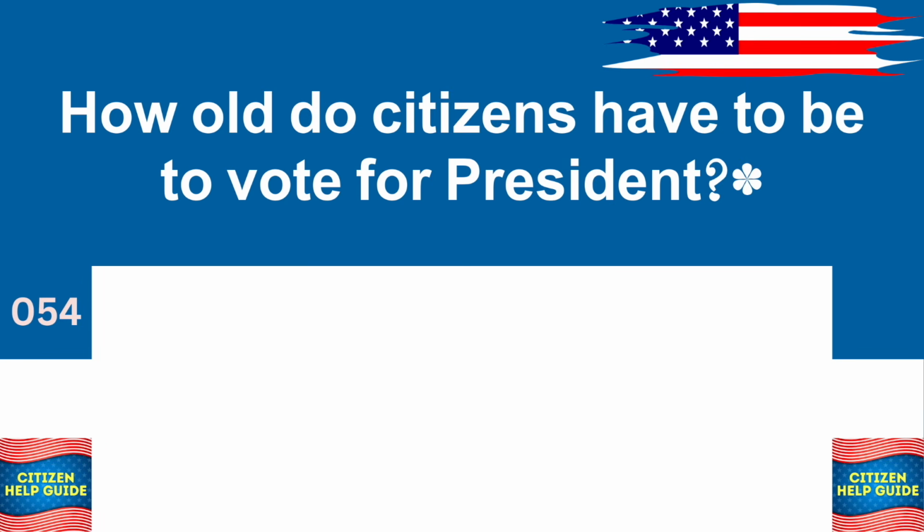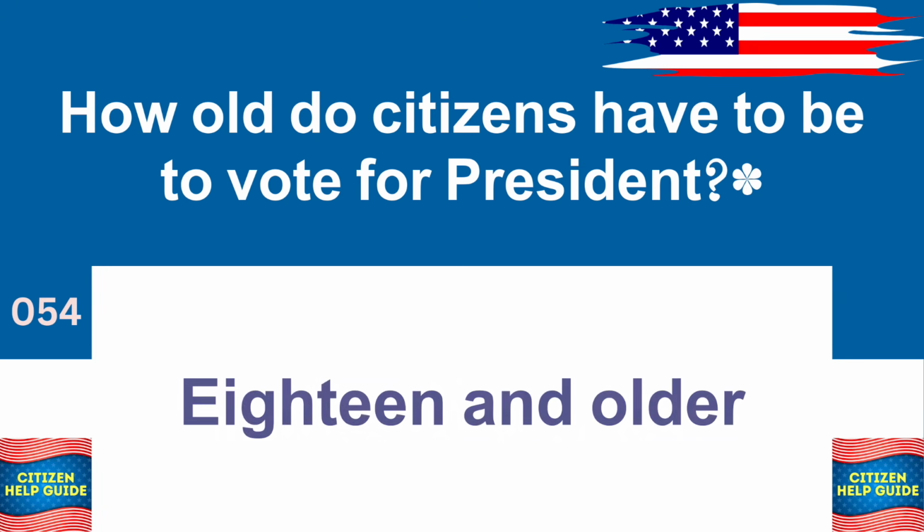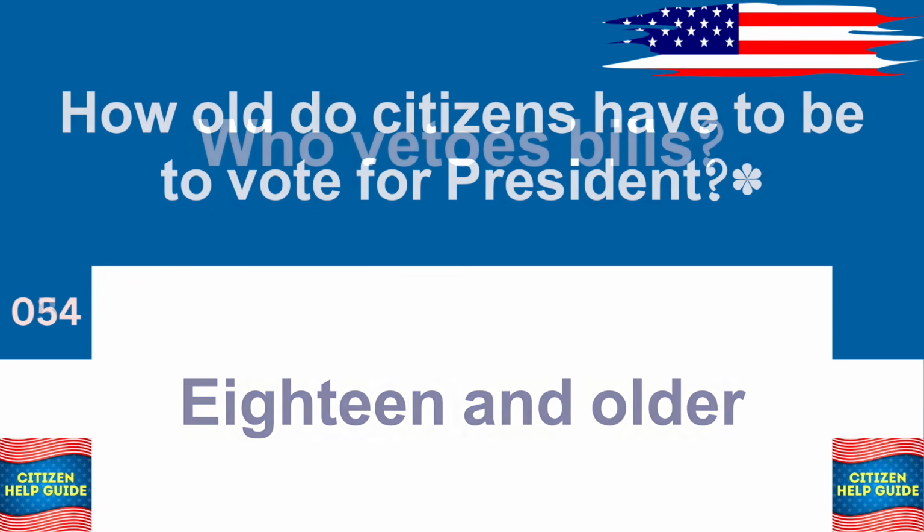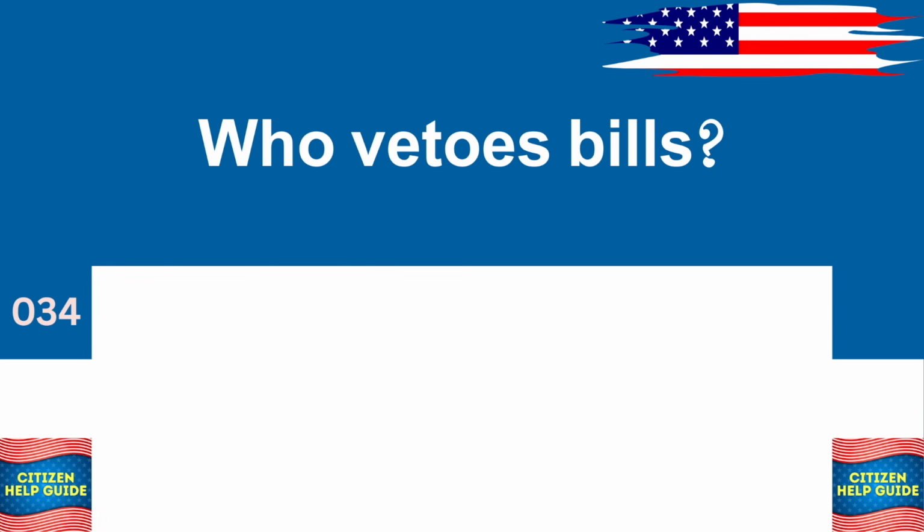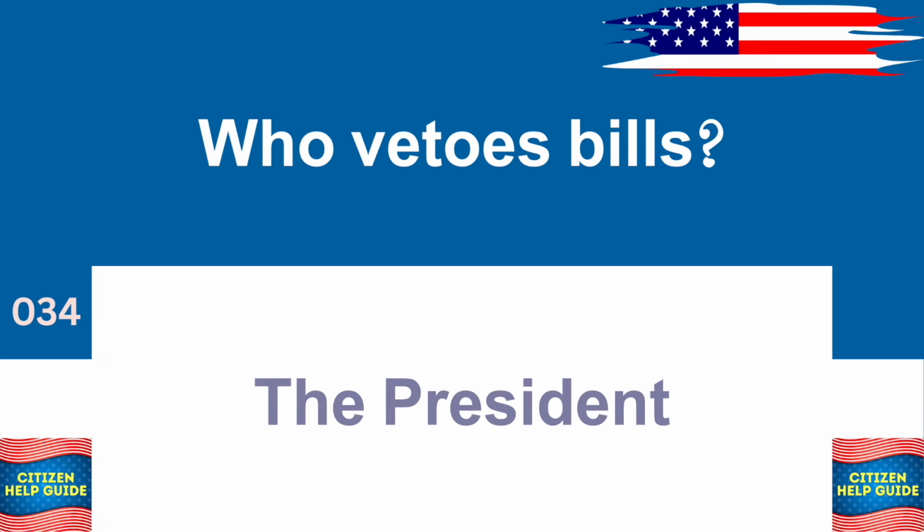How old do citizens have to be to vote for president? 18 and older. Who vetoes bills? The President.